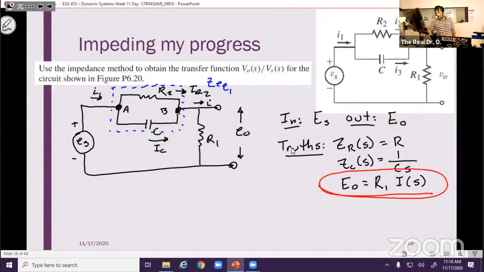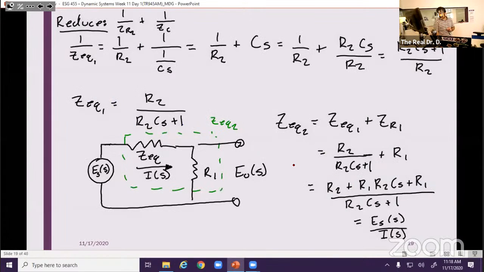Because we know that E out is equal to R1 IS, we can say that IS is equal to E out over R1. So let's write down, I hope I have one more slide here. I do. Perfect.